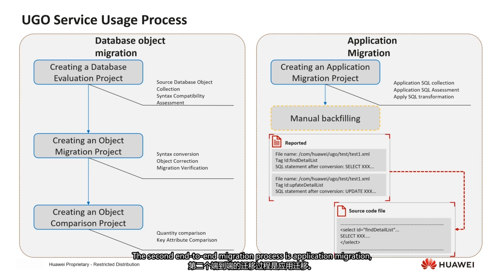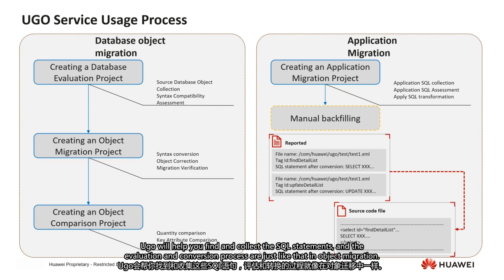The second end-to-end migration process is application migration, which mainly extracts and converts SQL statements in service code. You can upload your application code zip. UGO will help you find and collect the SQL statements, and the evaluation and conversion process are just like that in object migration.